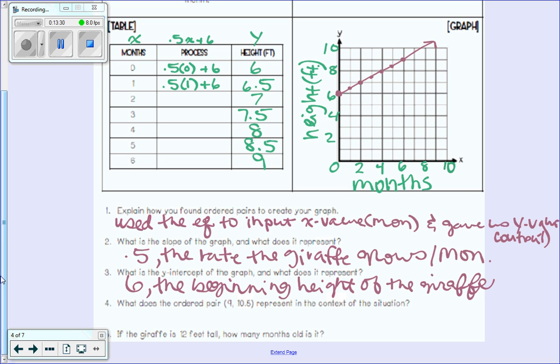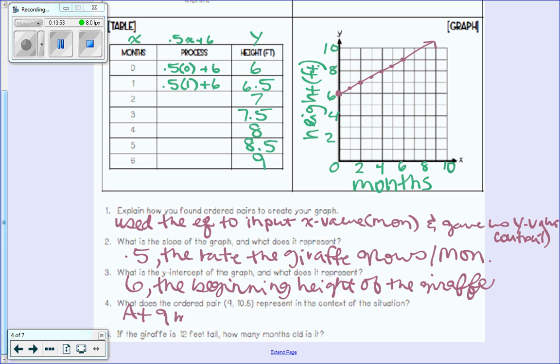Number 4, what does the ordered pair 9, 10.5 represent in the context of the situation? What does our x value represent? Months. So we're at 9 months, and 10.5 is feet. So what's that mean? Height in feet. Good.